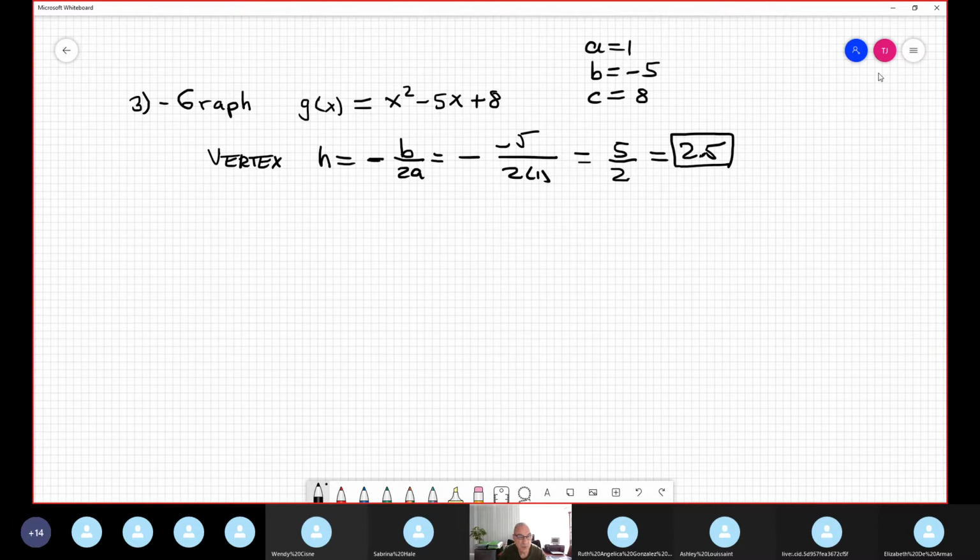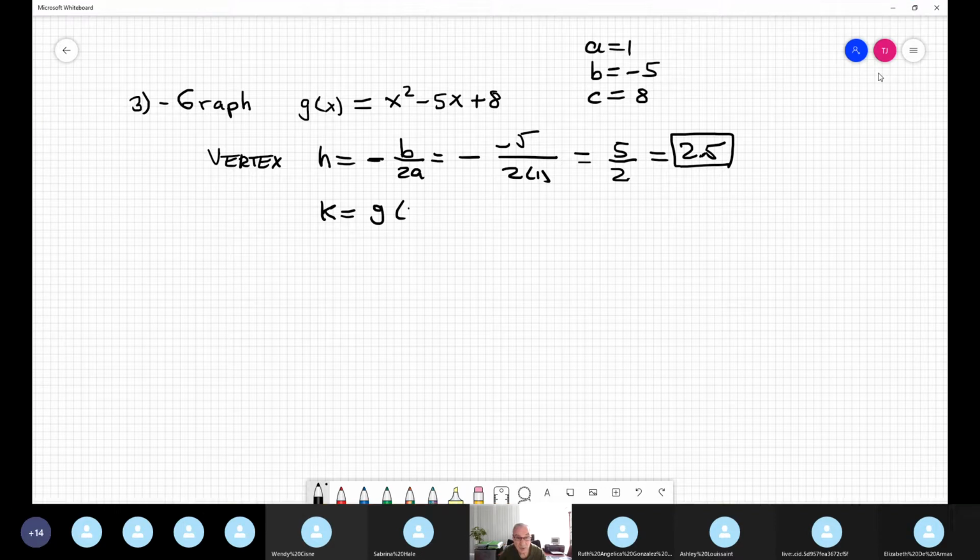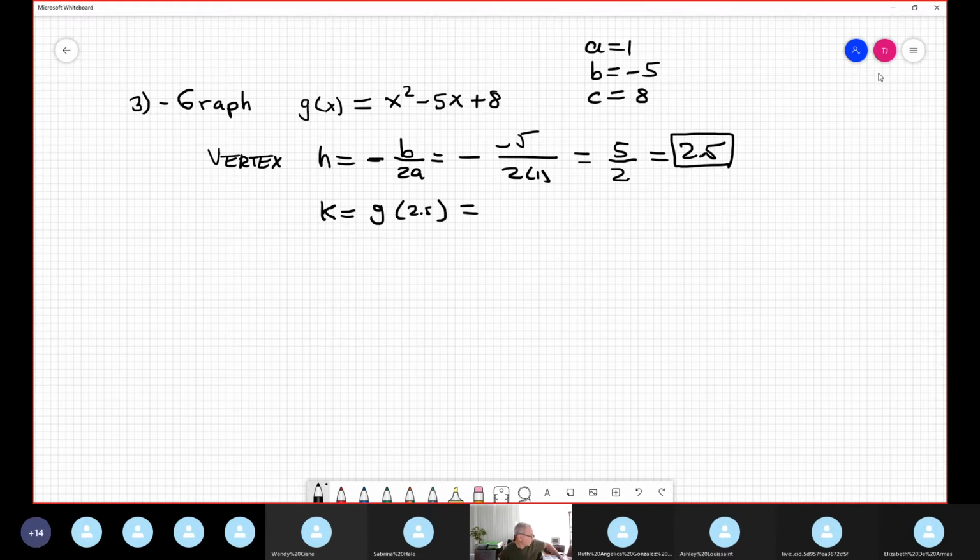Now you evaluate G in order to find the k value, that is the y component associated with the h. You evaluate G at 2.5. Okay, and you put it in my calculator. Let me try to put it in my calculator. Ready. Okay, the function is x squared minus 5x plus 8.